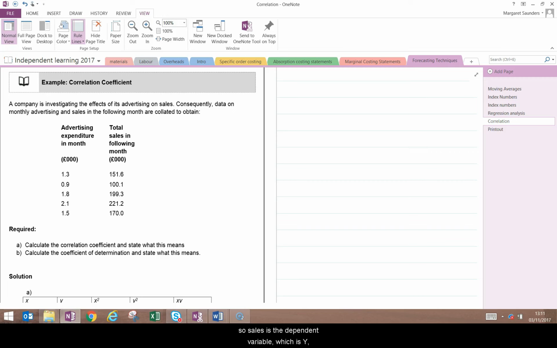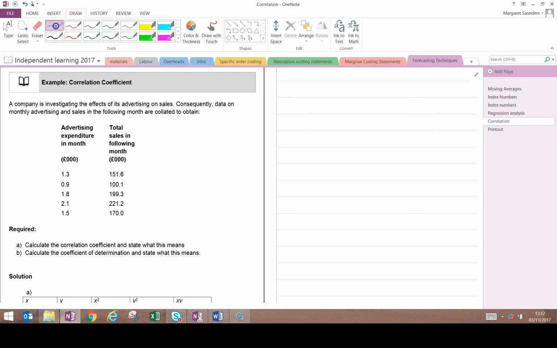Sales is the dependent variable, which is y, and advertising will be our independent variable, which is x. We need to calculate the correlation coefficient, which is r, and state what it means, and then we need to calculate the coefficient of determination, which is r squared. So we need r and we need r squared, and state what this means.